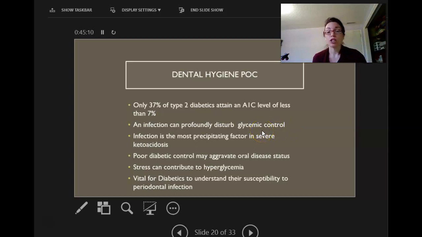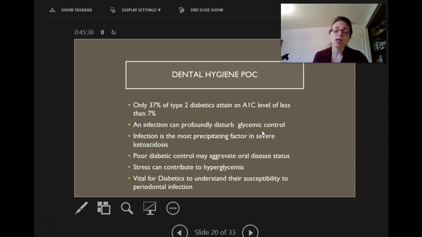Diabetes makes patients more susceptible to infection in general, like we said. The immune system is compromised, and the sugars that are available make it difficult for the body. It sets the stage for bacteria to grow, which is yet another thing that a patient with diabetes has to work against.